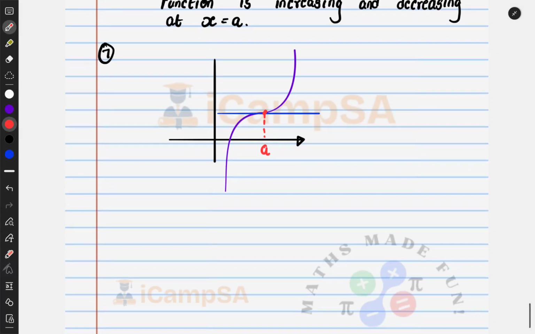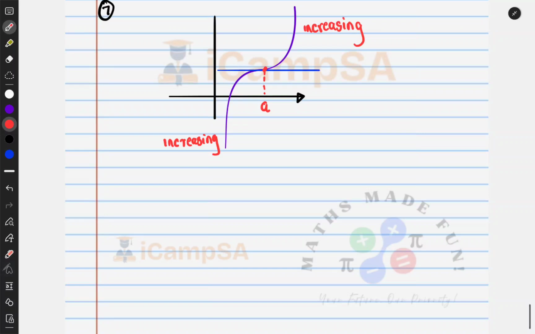As you can see, the function before the stationary point is increasing, and after the stationary point it is also increasing. So we say this function is just increasing. So we say f is increasing at x is equal to a.